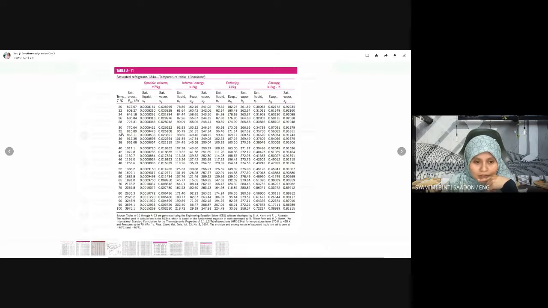So this one we have no exact value, so we just take the middle. 35 degrees Celsius saturated refrigerant, and enthalpy in the middle of 99 and 102. So around 100 for 35 degrees Celsius.